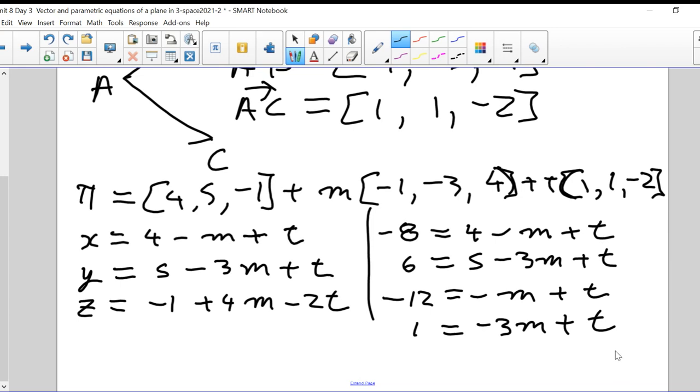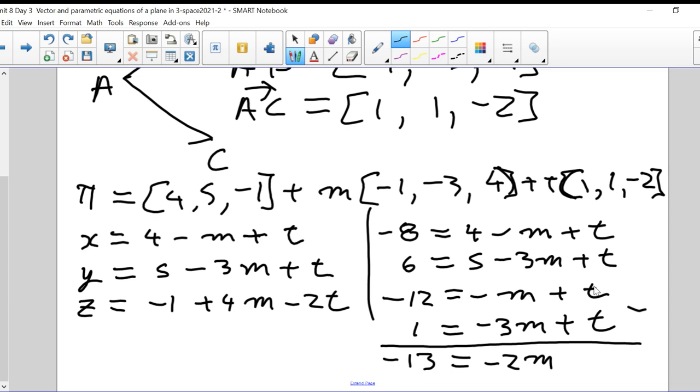Okay, so let me just subtract these equations from each other this time. So minus 1 plus 3 would be minus 2m. And then minus 12 minus 1 is, oh, that's awkward, minus 13. That's not a nice number.